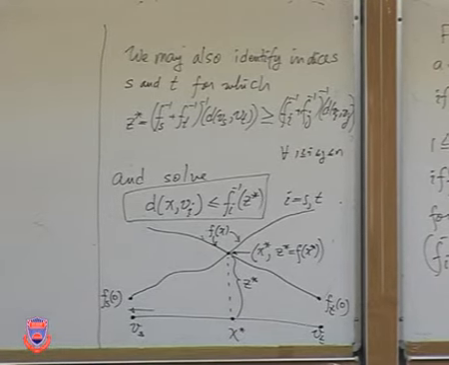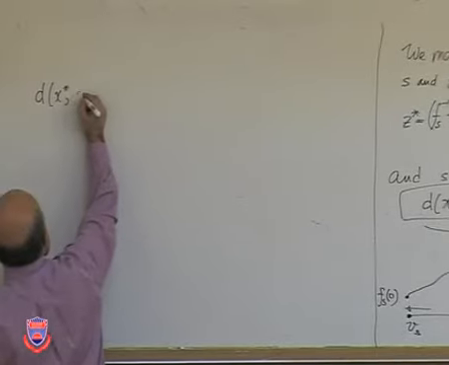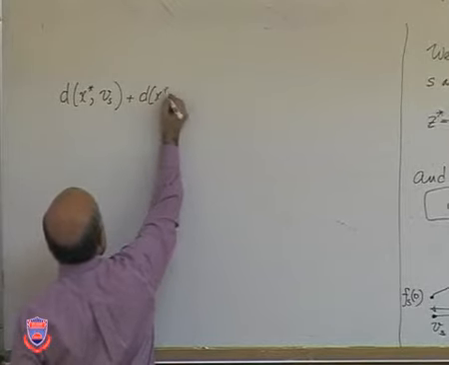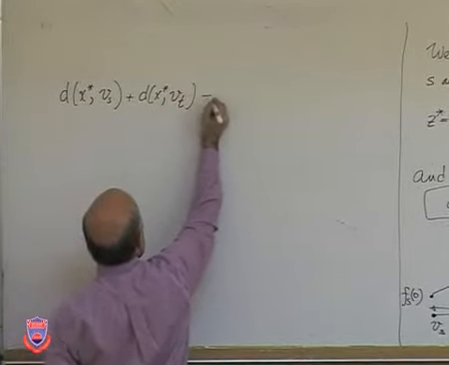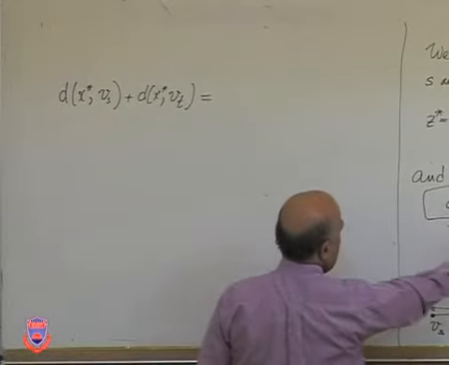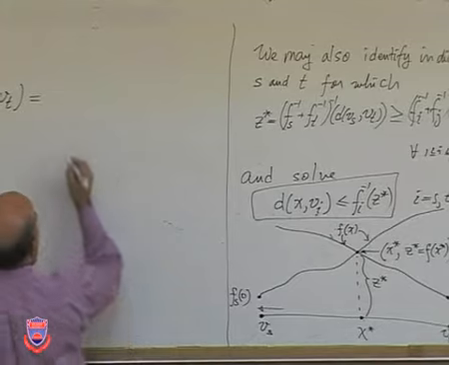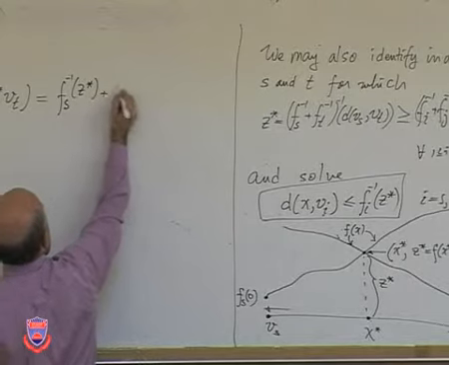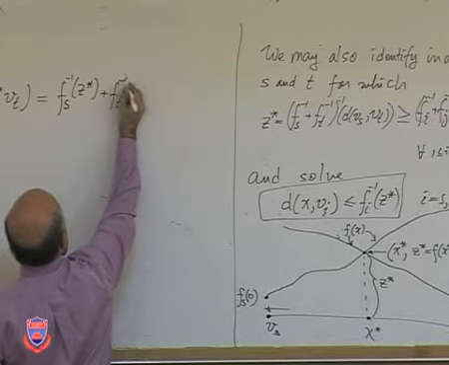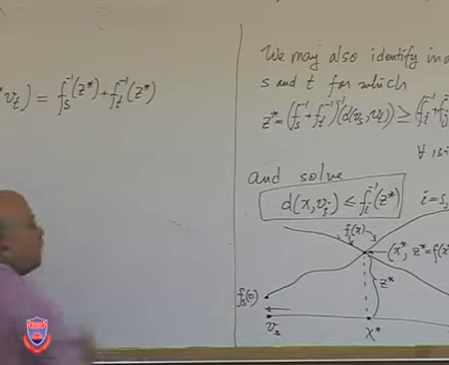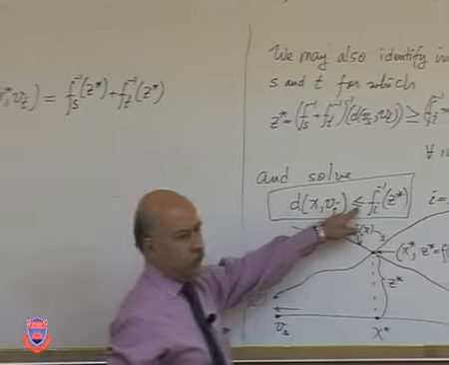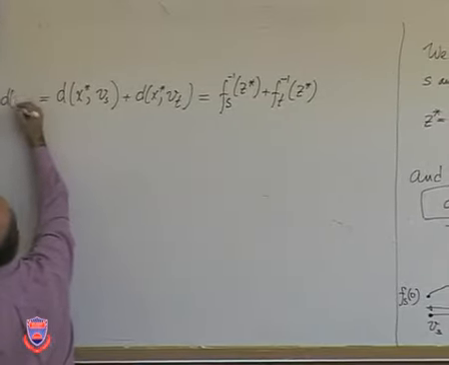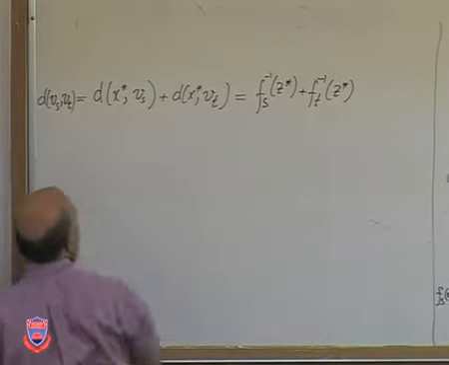So we're talking about d(x star, Vs) plus d(x star, Vt) being equal to, it's less or equal, but you will have equality, of course, the upper bound, fs inverse of z star plus ft inverse of z star, because you're going to obtain equality for both of them. And that's going to be equal to your d(Vs, Vt) when you solve.